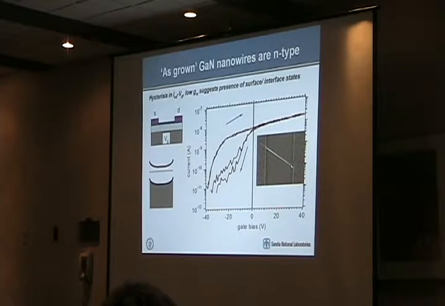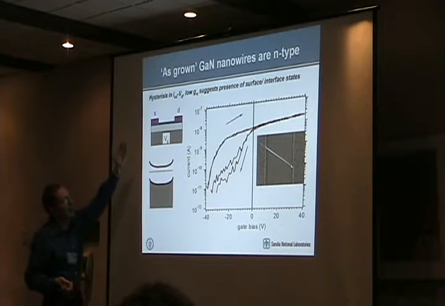Now, in many cases, actually virtually all cases, these nanowires are N-type. How do we know that? Well, of course, our substrate is silicon with an oxide. We can use the silicon as a gate electrode.